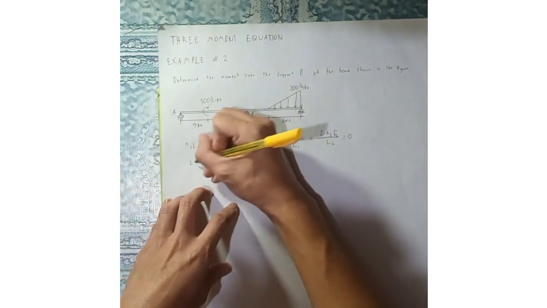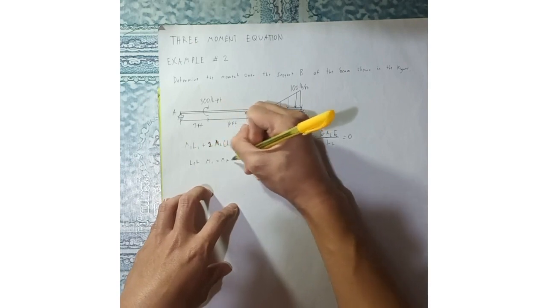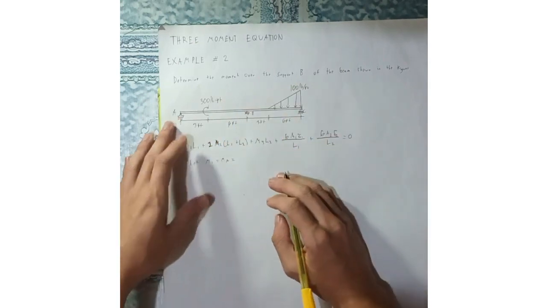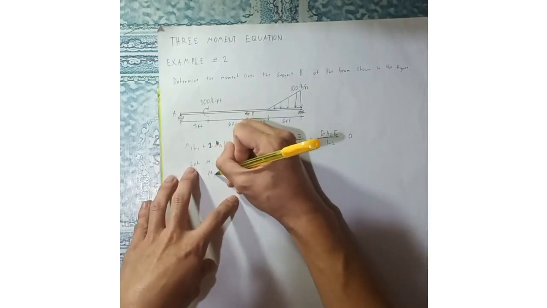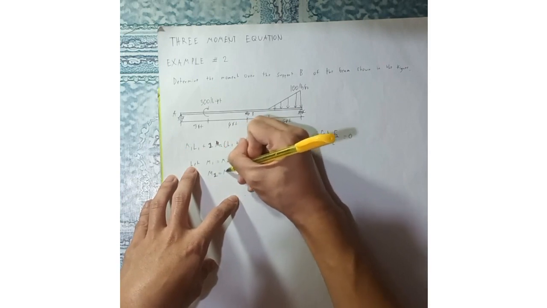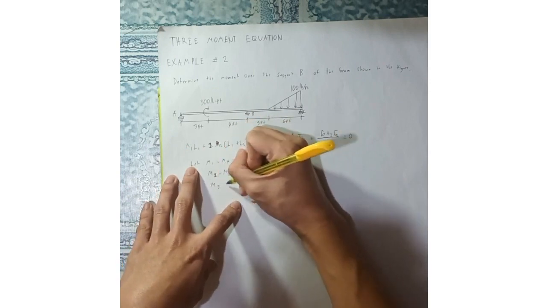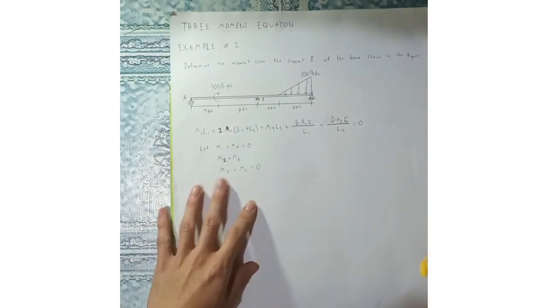So let M1 equals to MA. So since it's a hinge support, wala siya moment, so 0. M2 is equal to MB and M3 is equal to 0. Also 0, because it's a roller. So let's start in the first span, which is at AB.